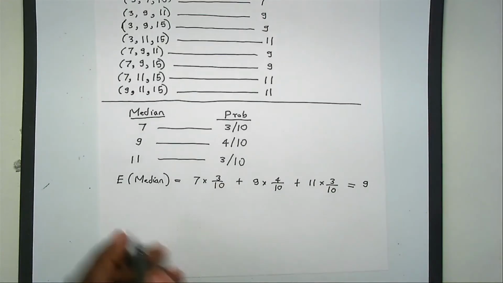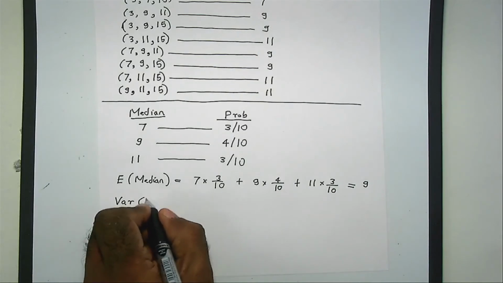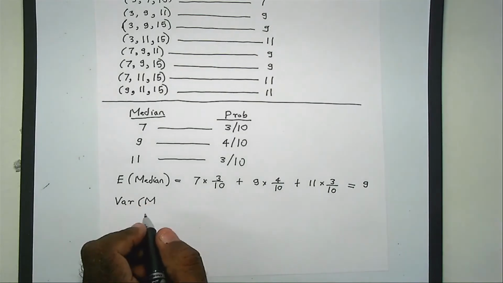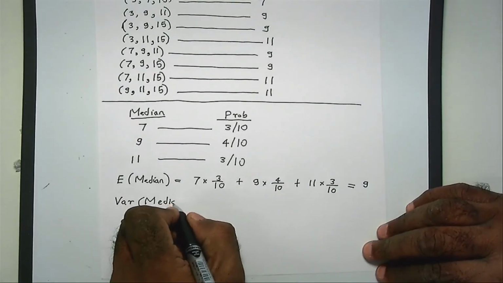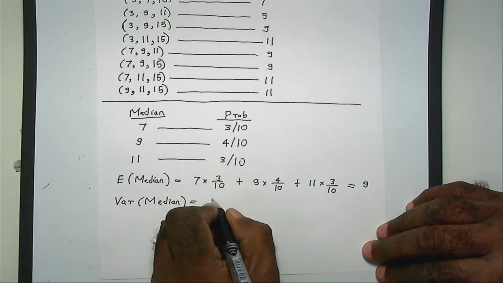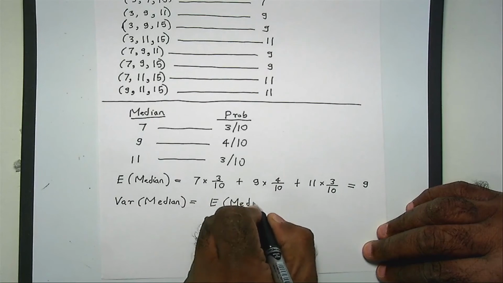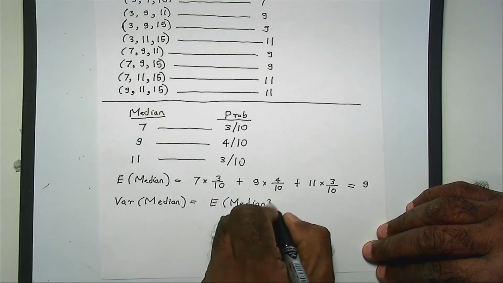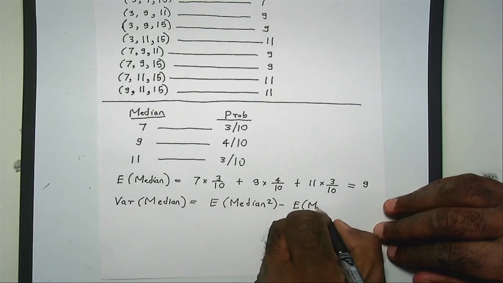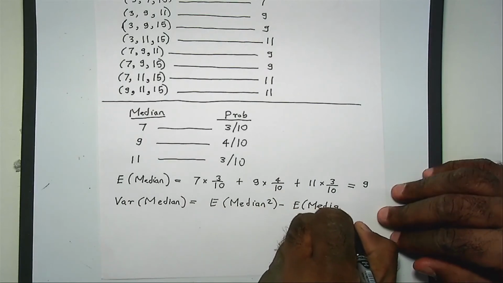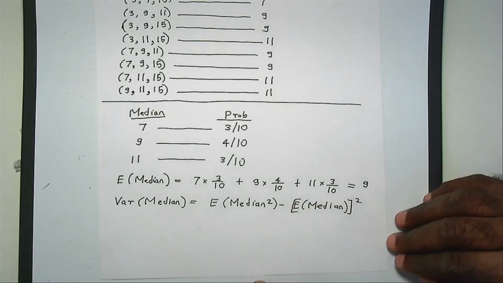Now to find the variance of the median, use this formula.